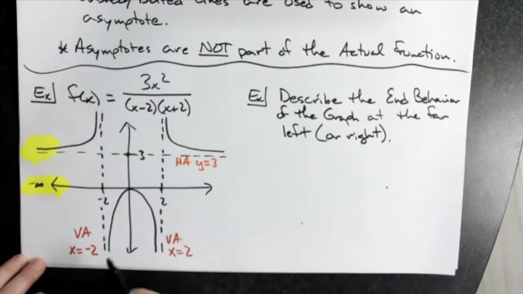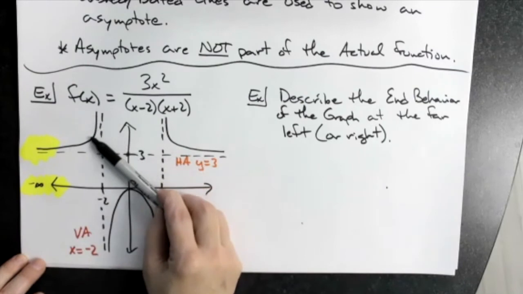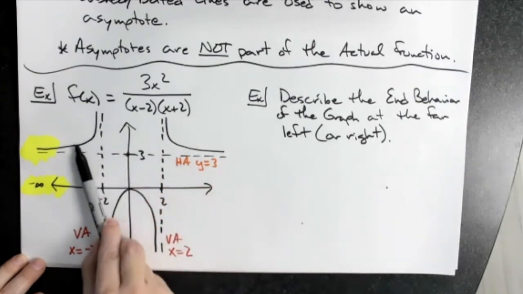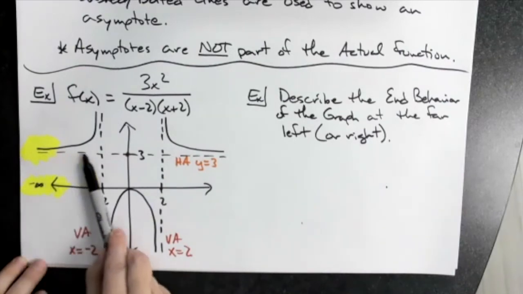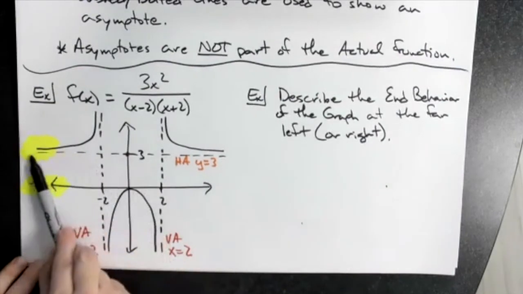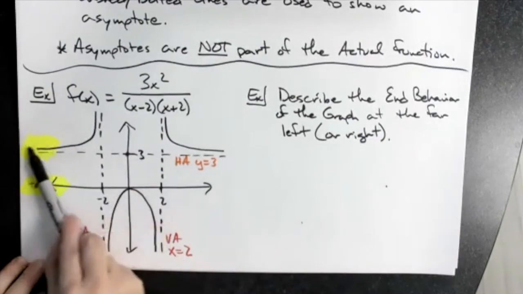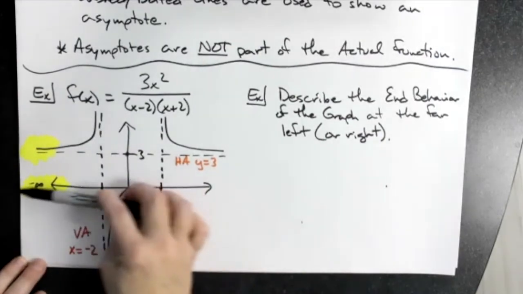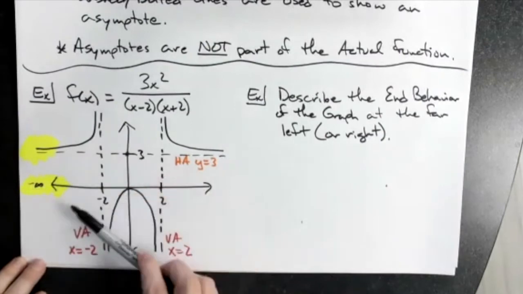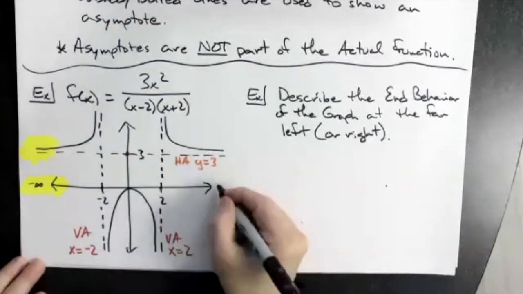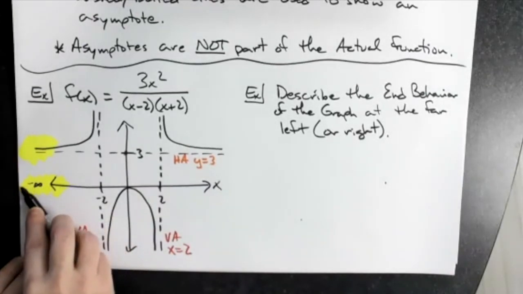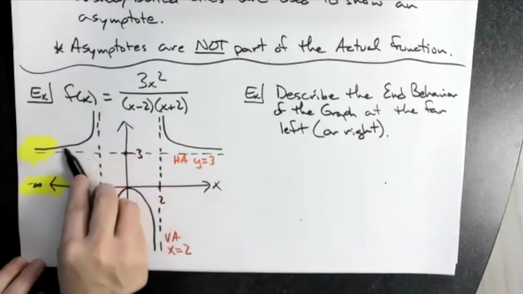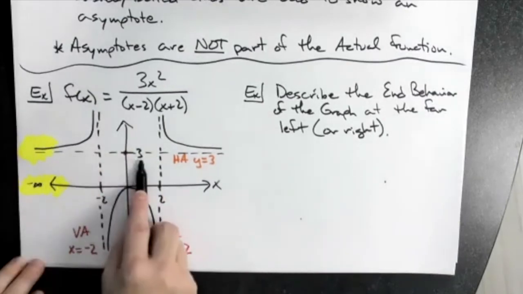Now, the question is, what is the graph doing? Well, the graph is coming down and it's getting really, really close to the y value of 3 because of that horizontal asymptote. So as the value of x, because this is the x-axis, decreases, goes towards negative infinity, the function values approach 3.